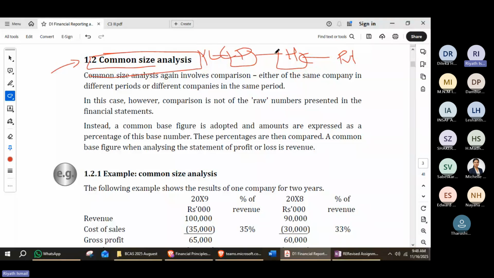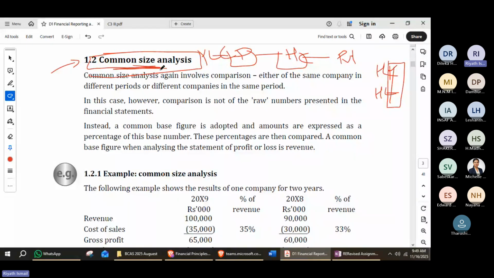It's not meaningful, right? In the vertical analysis, in some years we have a huge profit, some years a huge loss. So to avoid this kind of thing, the solution is common size analysis.